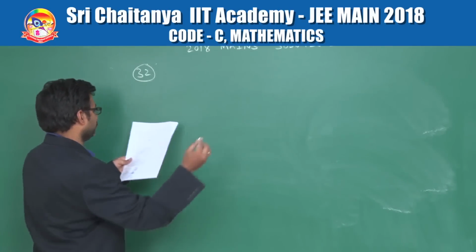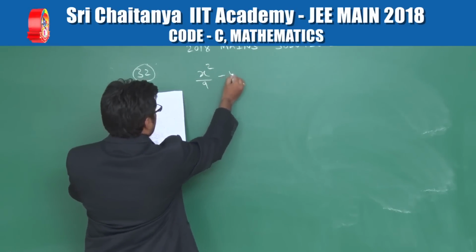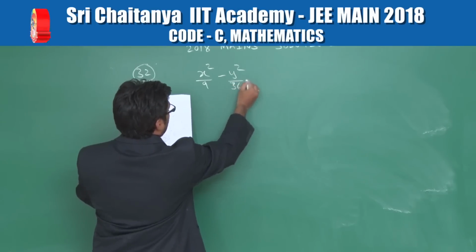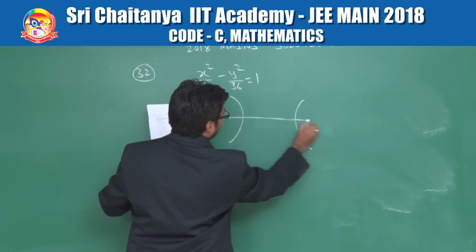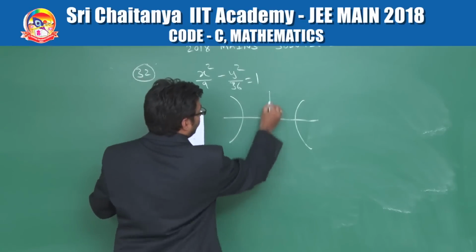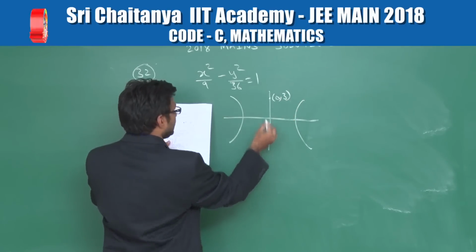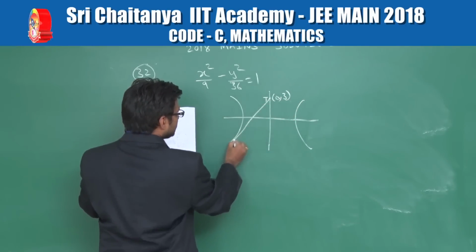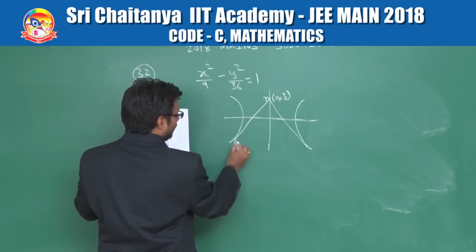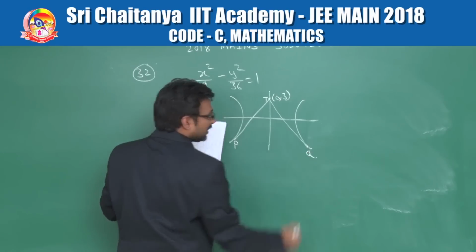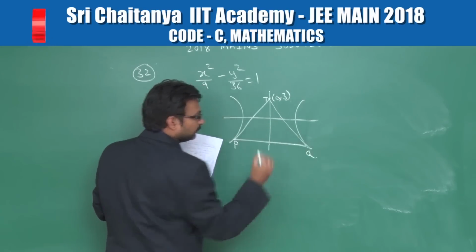See question number 32. The given hyperbola is x square by 9 minus y square by 36 is equal to 1. So that will be like this. From a point 0 comma 3, that is T, two tangents are drawn which are tangent to the hyperbola at P and Q. So we need the area of triangle TPQ.